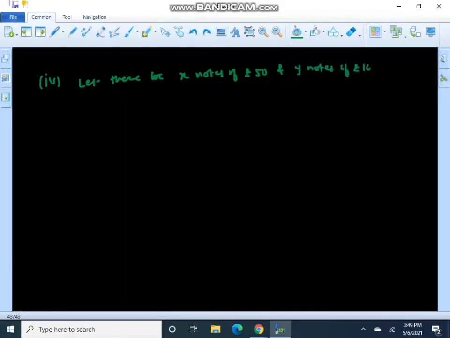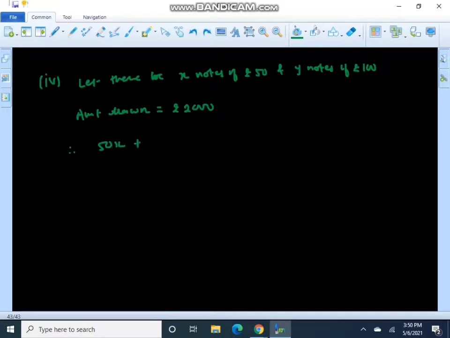Now total money drawn, the amount drawn from the bank is rupees 2000. Okay, now how we are going to express this? So 50 rupees notes we have, the total amount of 50 rupees notes will be 50x. Yes or no? If there are x notes of 50 rupees, then 50x is the total amount.